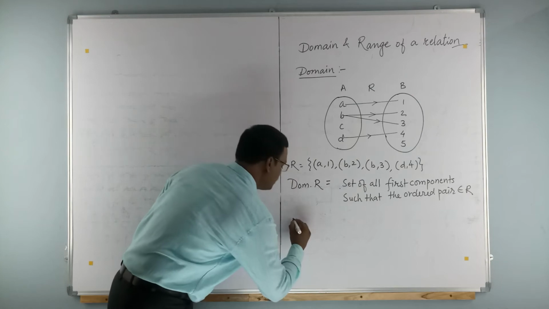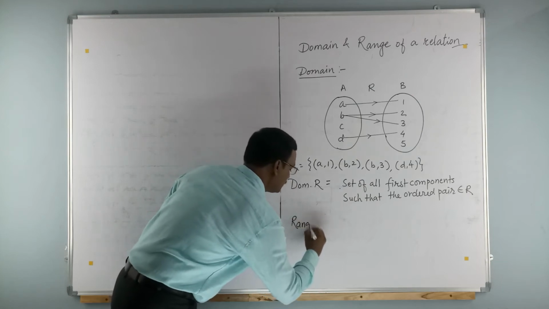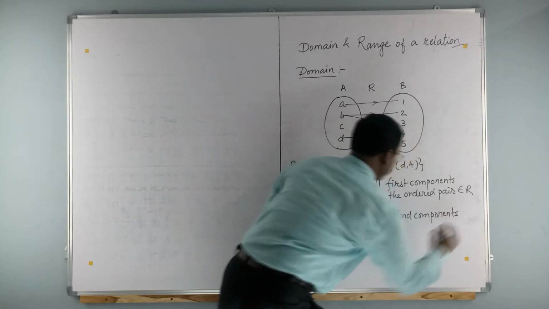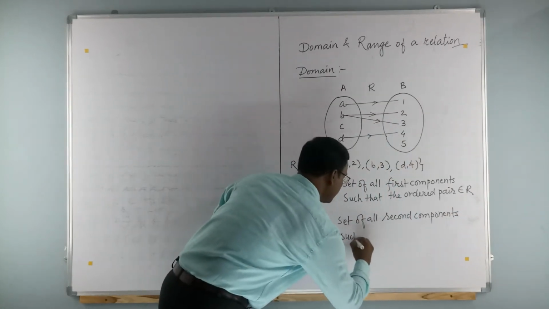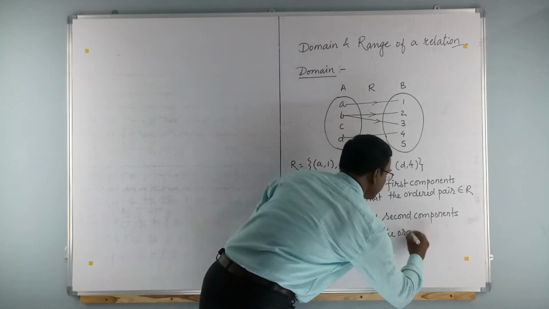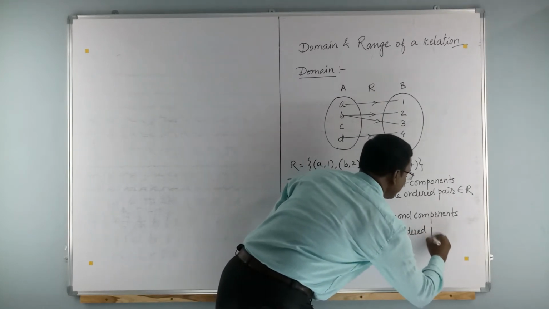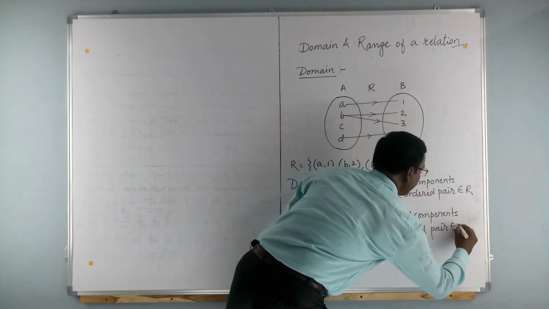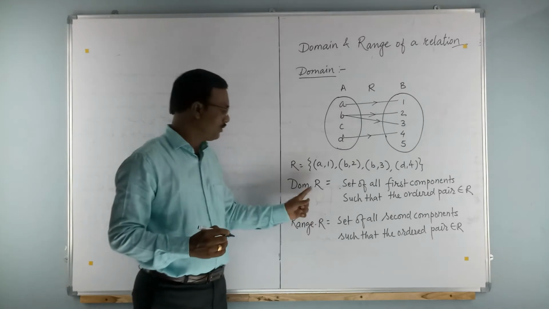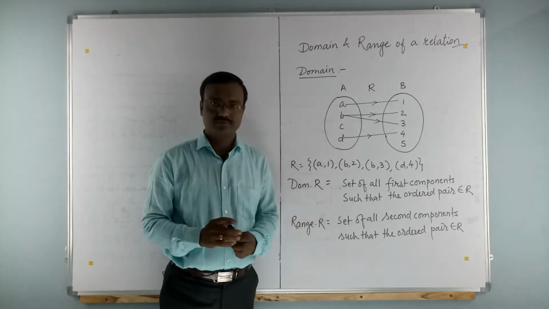And similarly, range of R is the set of all second components such that the ordered pair belongs to the relation. See, in this way we can define the domain and range of a relation.